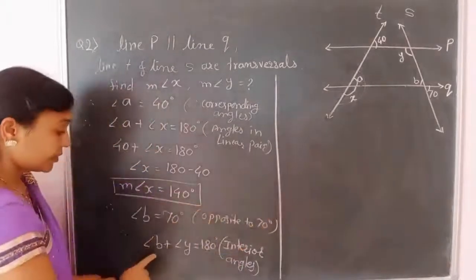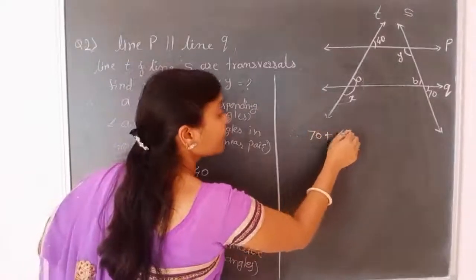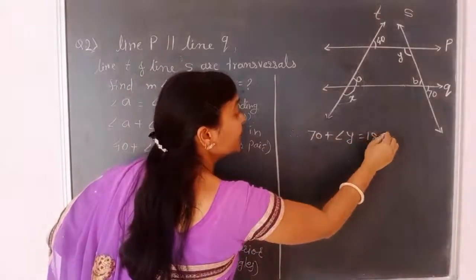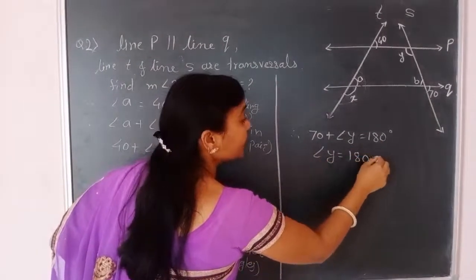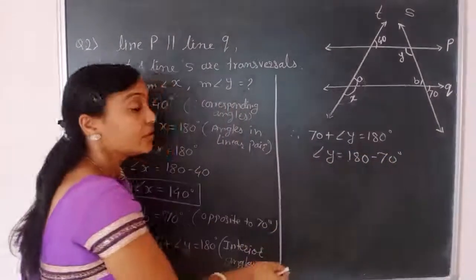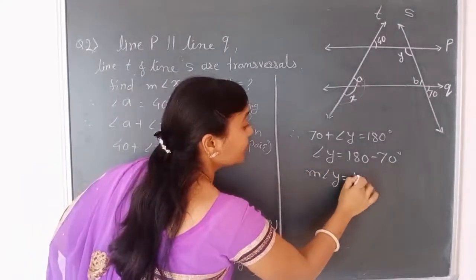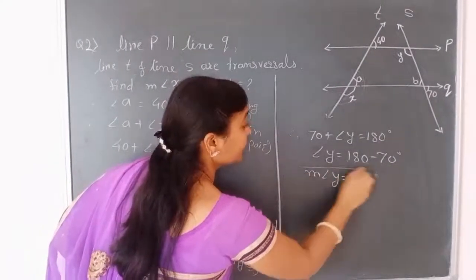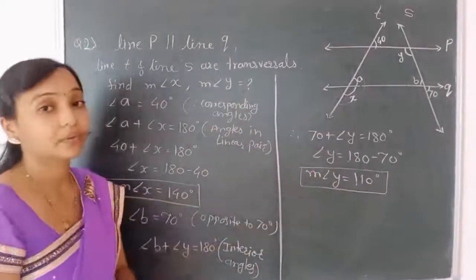Therefore, keep the values of B. 70 plus angle Y is equal to 180 degree. Angle Y is equal to 180 minus 70 degree. So, measure of angle Y is equal to 110 degree. This is the value of X and this is the value of Y.